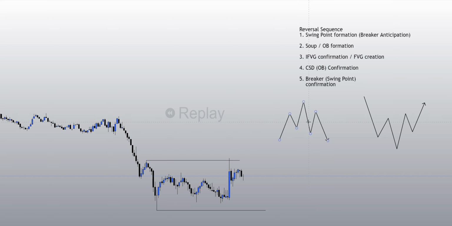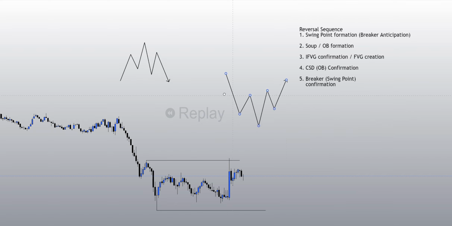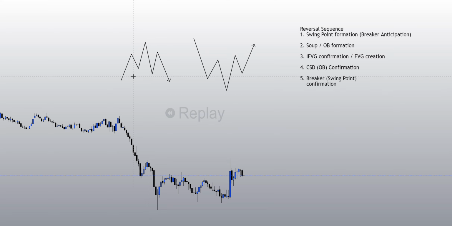So here we have a pattern we all know and love. This is the generic topping, bottoming sequence that gets taught through every single quality trading program ideology, right?